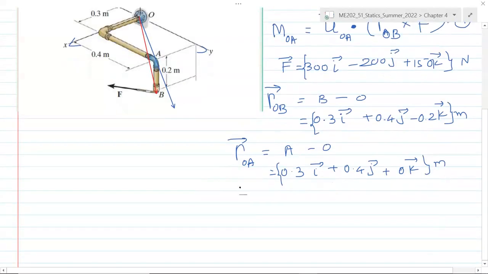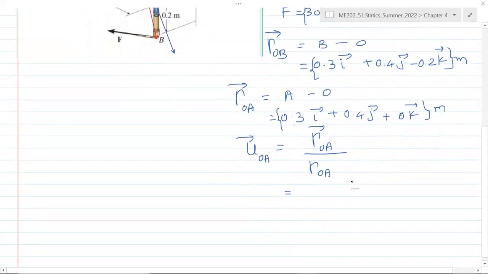Then we find the unit vector UOA by dividing ROA by the magnitude of ROA. The magnitude of ROA is calculated using the square root of 0.3 squared plus 0.4 squared plus 0 squared. So this is 0.5. When we do that, we get UOA as 0.6i plus 0.8j plus 0k.